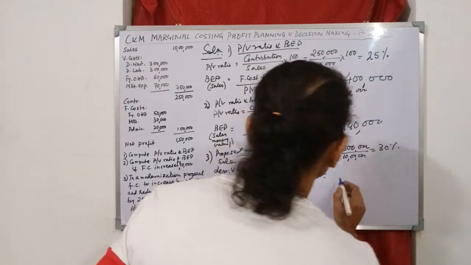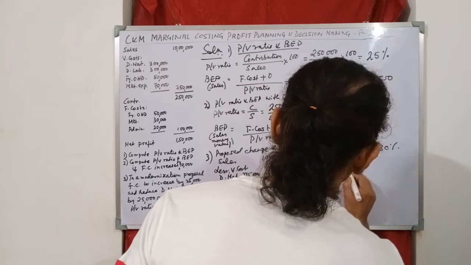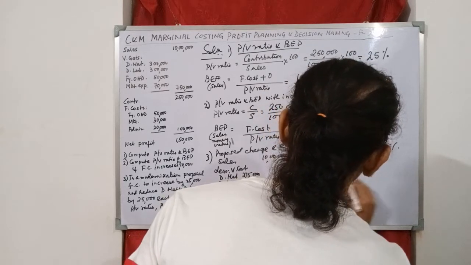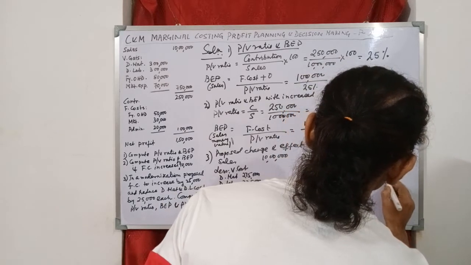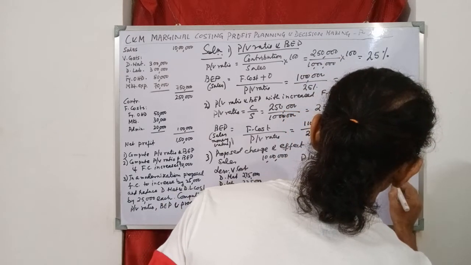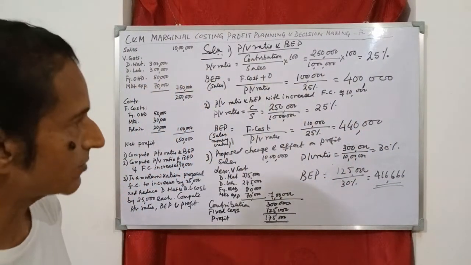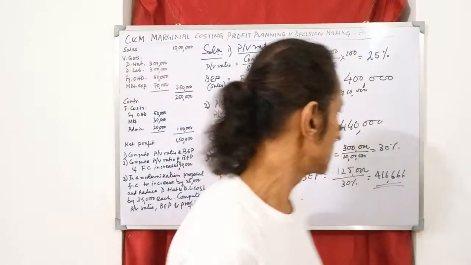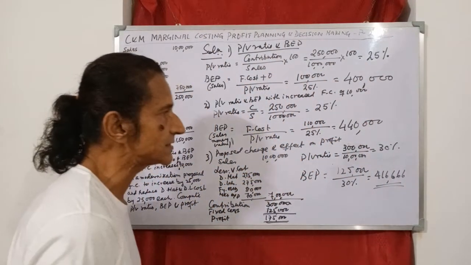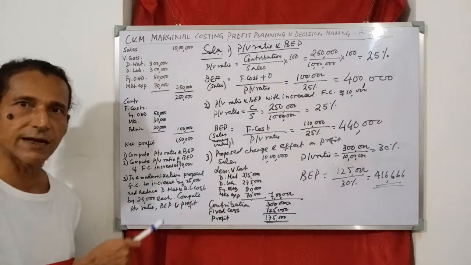So BEP will be, how much is the fixed cost? 1,25,000. 1,25,000 divided by 30% equals 416,666. So this will be the new break-even point of the firm if the new proposal is accepted, that is 4,16,666. So all these three questions are answered.